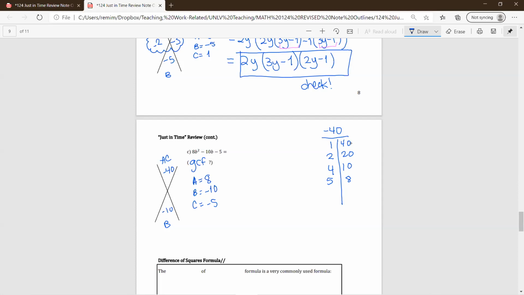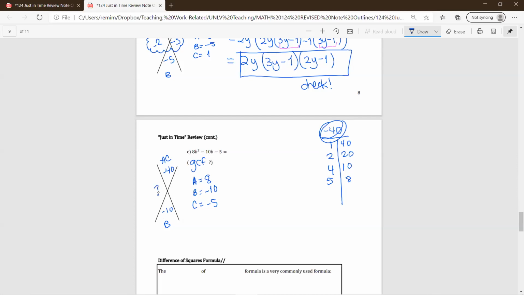Now, one of them is going to have to be positive and one will have to be negative because we have a -40 that we're aiming for. So keep that in mind. But look at these. No matter which one we choose to be positive and which one we choose to be negative, when we sum any of these pairs together, we will never be able to get the -10 that we want down here.